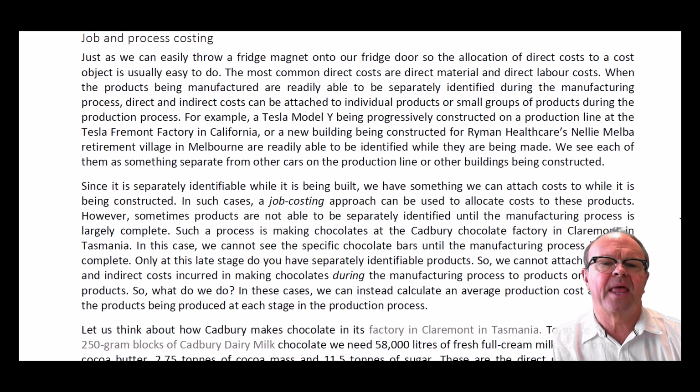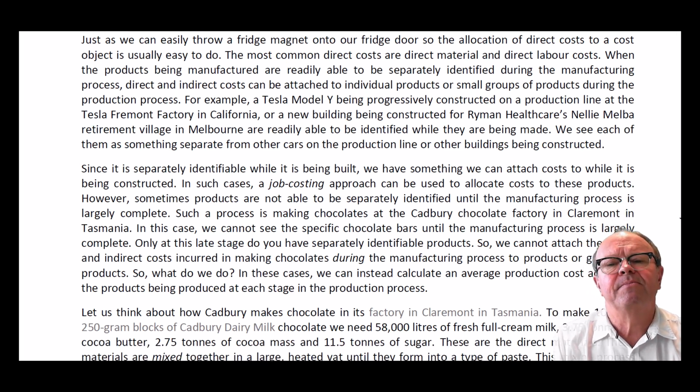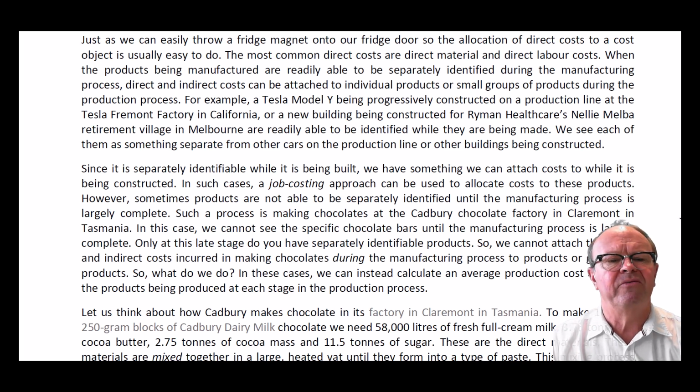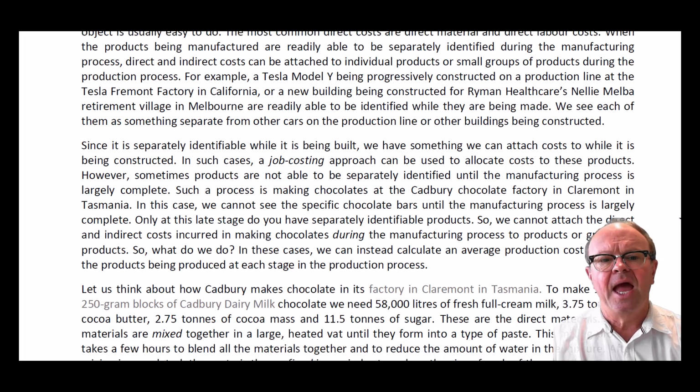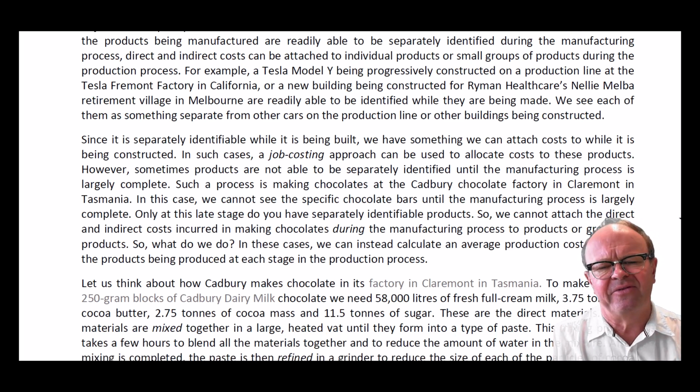For example, a Tesla Model Y being progressively constructed on a production line at the Tesla Fremont factory in California, or a new building being constructed for Ryman Healthcare's Nellie Melba retirement village in Melbourne, are readily able to be identified while they are being made.